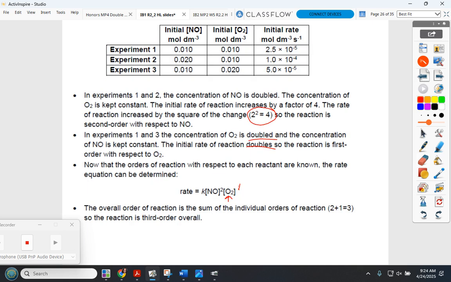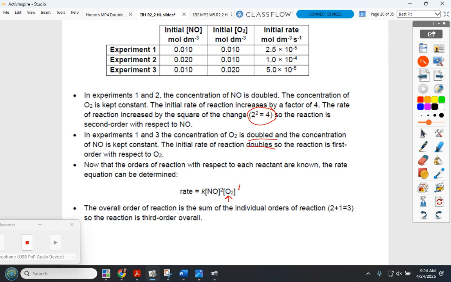We can use, notice in this table, the units are given for each column. This is how you should report data when you are reporting data in a table. The units, and also if you have them, uncertainties, should be in the header. So the rate is 2.5 times 10 to the negative fifth moles per decimeter cubed per second.